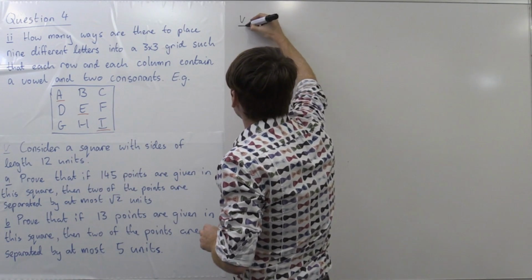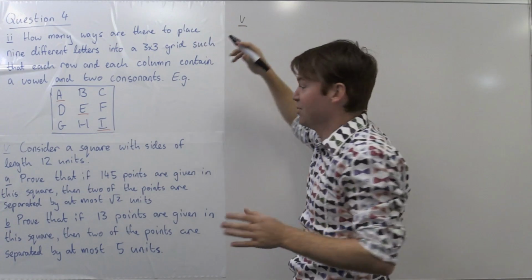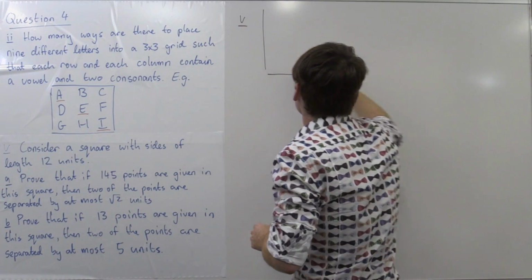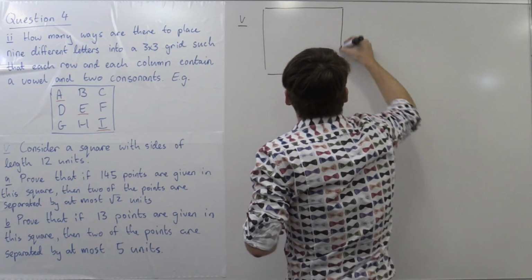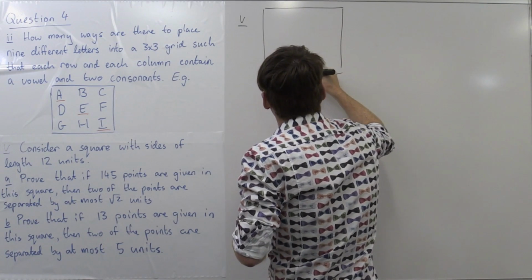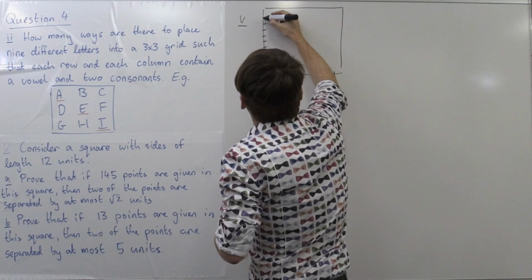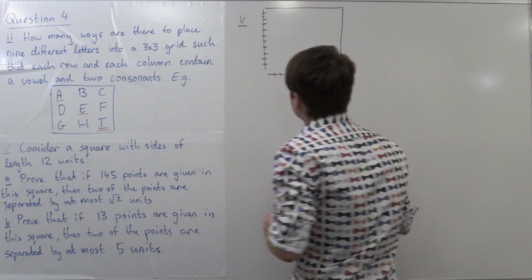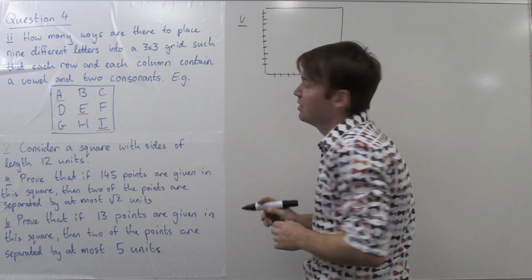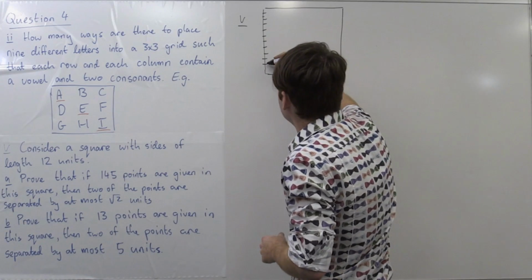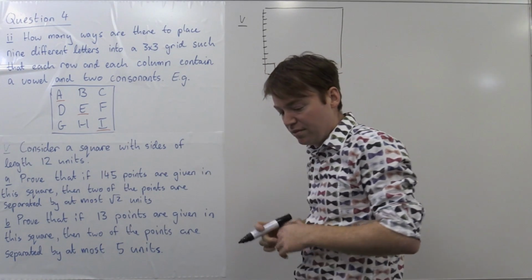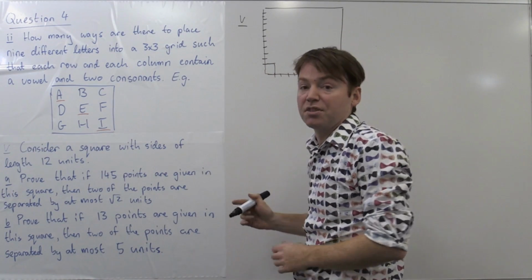I'm going to draw a diagram for this. In fact, a diagram helps no matter what the pigeonhole principle question is that you have in hand. So here's my square. I'm just going to make some lines to indicate that I'm making boxes, well, squares actually, of side length 1.